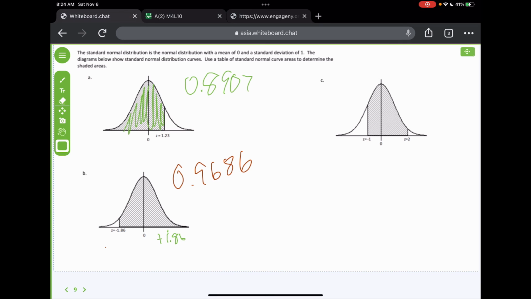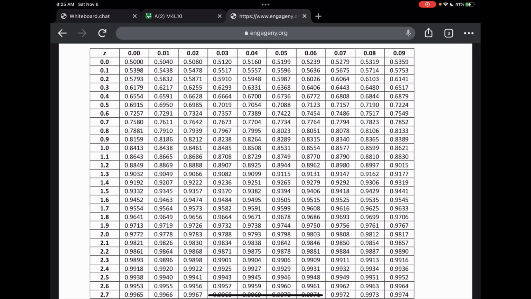Now, here's where it gets a little tricky. Here we're looking for negative 1 to 2. So first let's start on the right side because that's what we have. The Z-score for 2 tells us the probability for everything to the left of 2 right here. Here's 2.0, everything to the left is 0.9772.